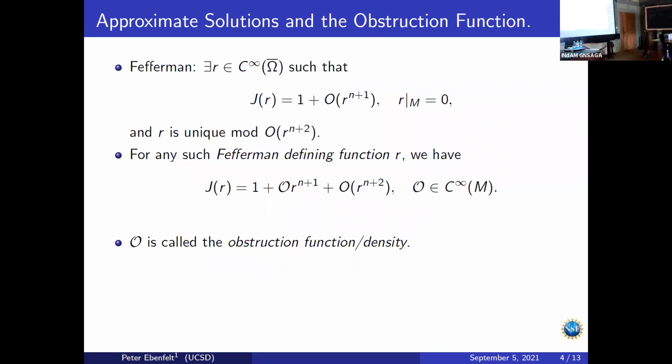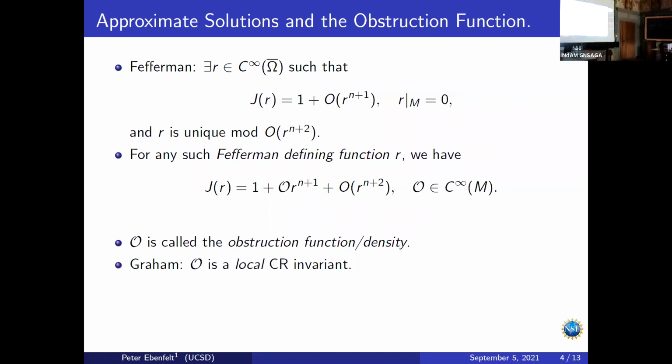Now, Robin Graham actually showed a number of things. So here are the things that he showed that are relevant to this talk. First of all, he showed that O, which is the obstruction function, is actually a local CR invariant. Although the way I introduced it, you have to have a global domain omega, and the domain needs to be a domain in Cn.